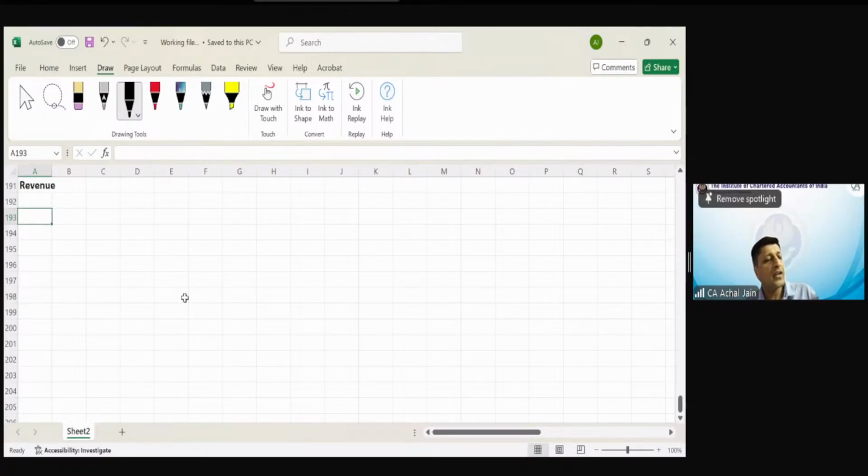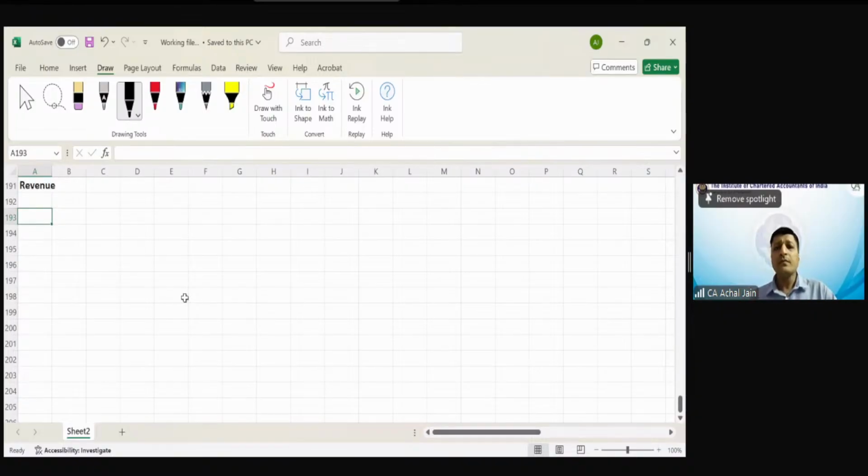The next session is devoted to the P&L items. To a certain extent, we have already covered some of the P&L items with the balance sheet items, but some part we are going to cover again, and some part that we have not covered, we will cover in the next session. So that's the plan for the next session.